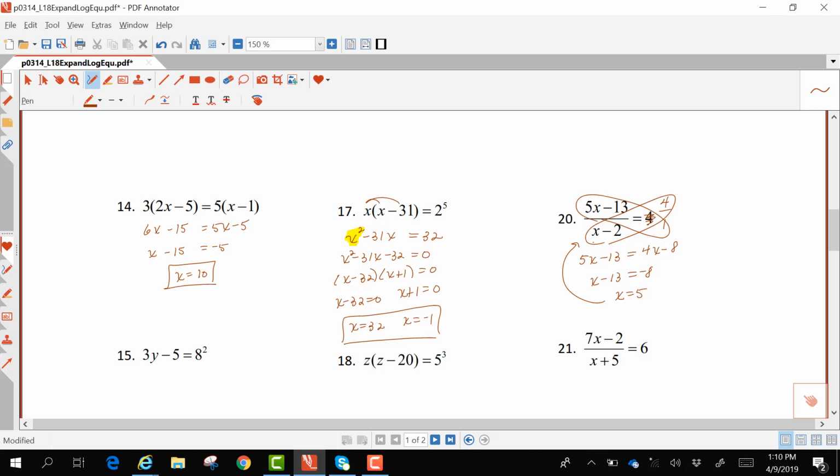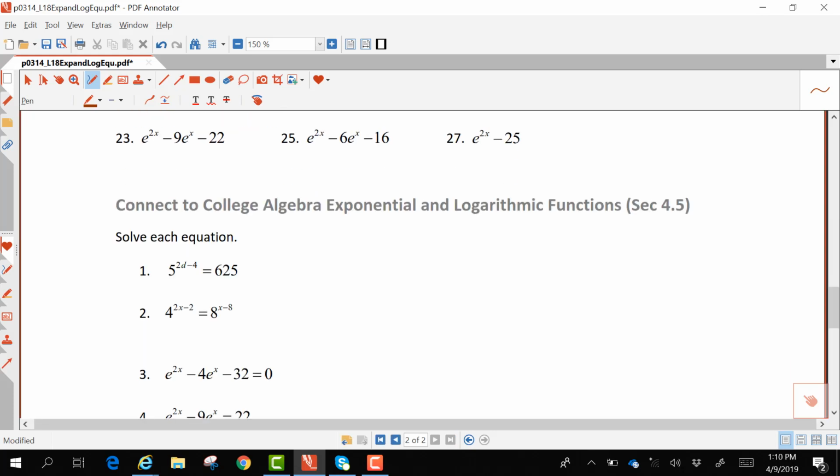A value of 5 will make that denominator a 5 minus 2 or a positive 3, which means that it's safe, that I did not cause an undefined situation when solving a rational equation.